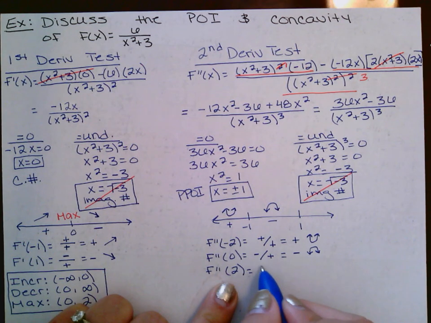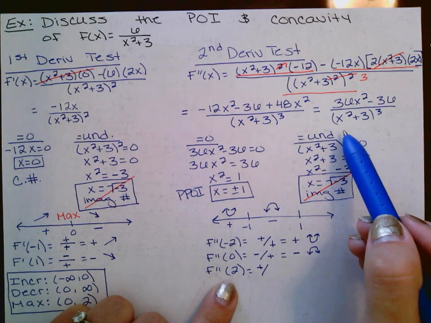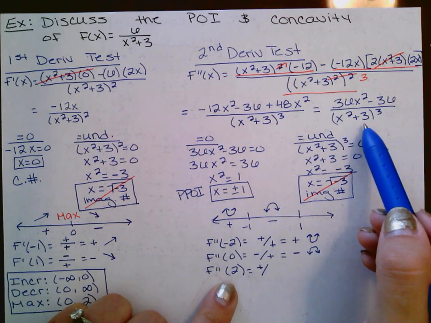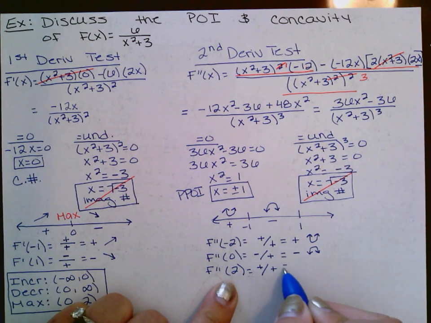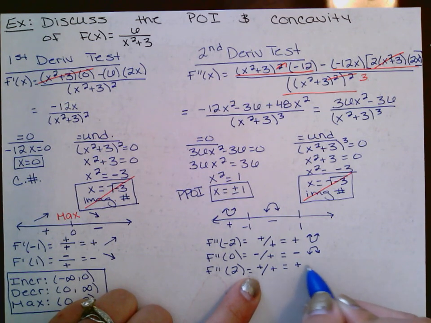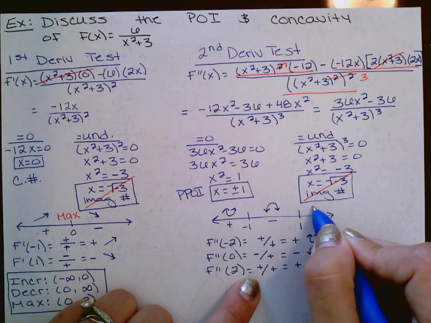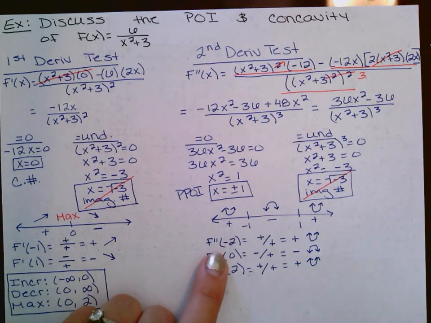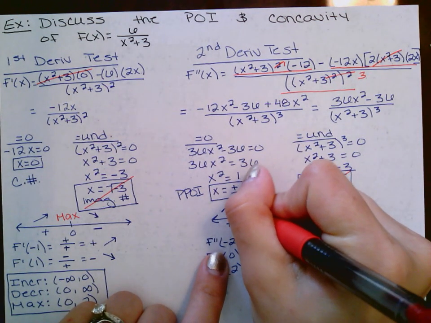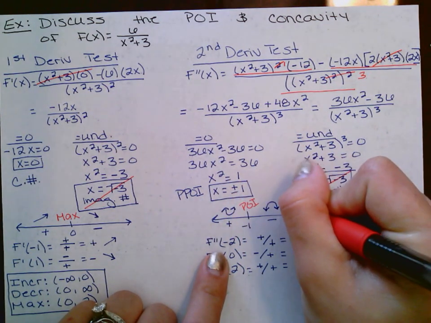Minus 36 is still going to be positive. And then 2 squared is 4 plus 3 is still positive, and a positive cubed is still positive. Positive divided by positive is positive, which yields concave up. And because I can clearly see a switch, negative 1 and 1 are both points of inflection.